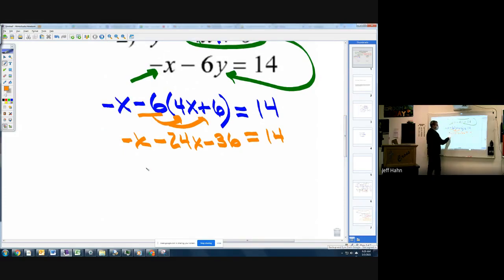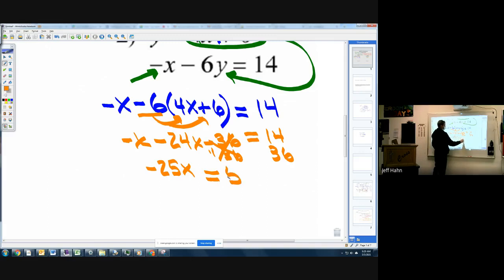Ready? I combine those, I get what? Negative 25x, right? You tell me if I'm going wrong. I add 36 to both sides to get this over here. So negative 25x equals negative 50, which puts a smile on my face. Why?